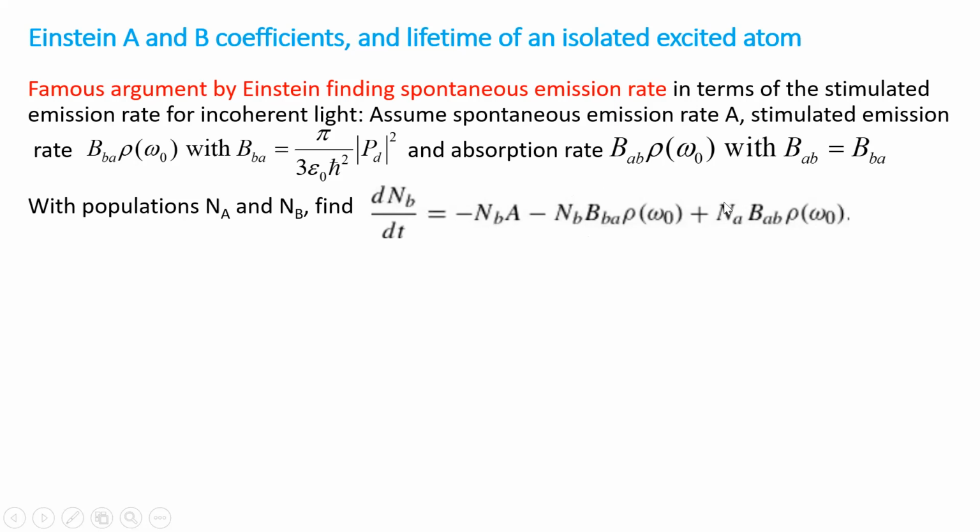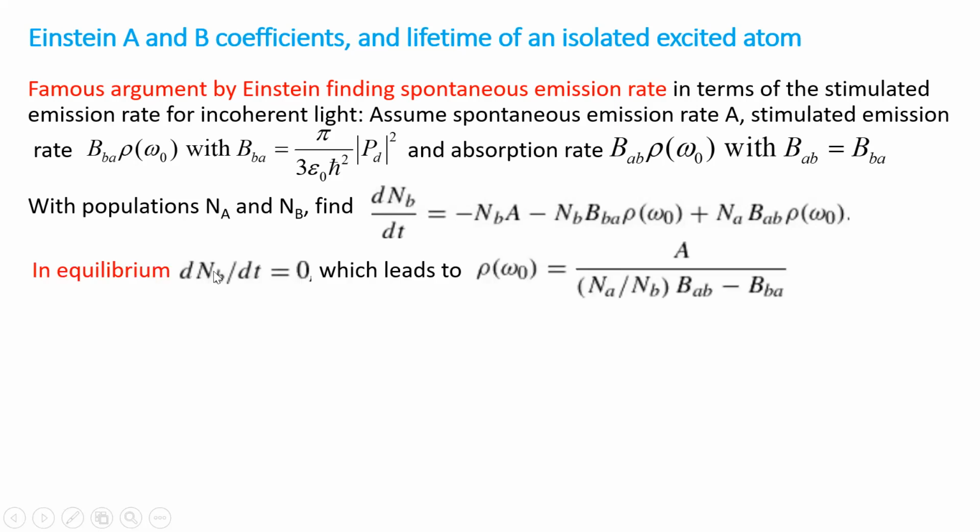And this would be the number of atoms that are gained in N_B because of a transition from N_A up to state B. Okay, so this would be our rate equation with all the ways that the population of the upper energy state could change.